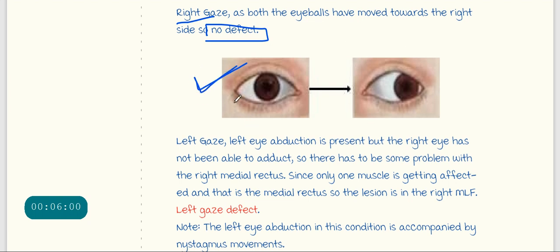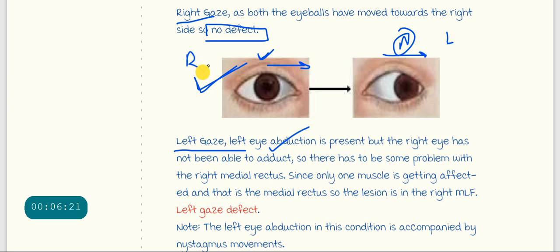Okay, it should be going over here, but it is looking at the front only. Okay, this eye is normal, but this eye is having a palsy. Okay, so what is it? So in the left gaze, the left eye is abducted. Okay, so it's normal. This is the left one, this is the right one.